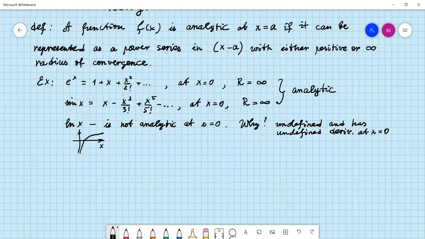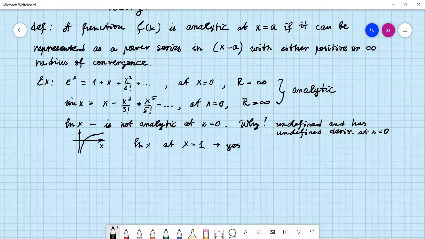Well, it's not necessary. So how about other points for ln of x? For example, is ln of x analytic at point 1? For example, ln of x at x equals 1. Is it analytic? Yes. It actually has a series representation. I'm going to give it a little bit later. We had it also in calculus 5b.